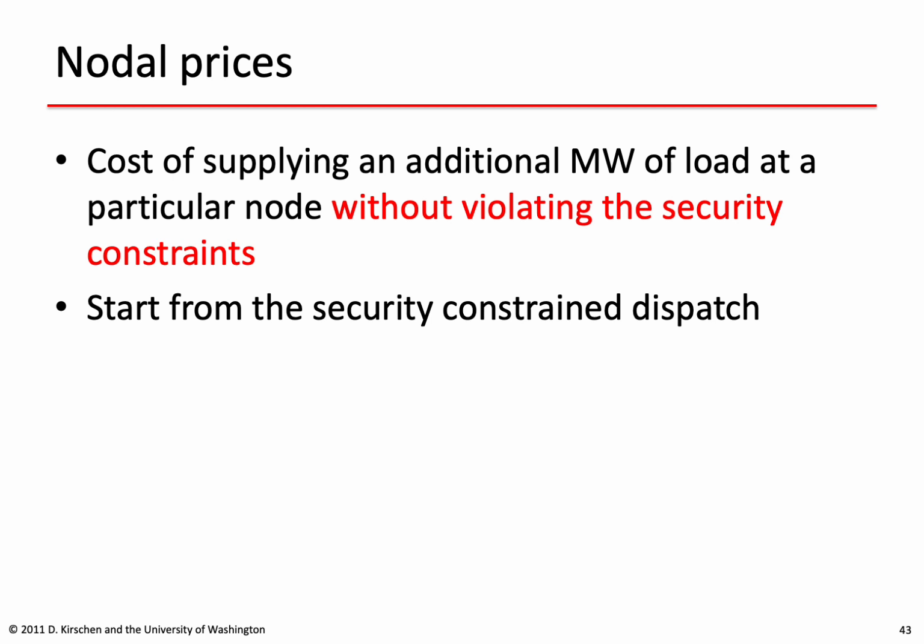And we will do this by going back to the definition of the nodal price, which is the cost of supplying an additional megawatt of load at a particular bus without violating the security constraints. And to do that, we'll start from the security constraint dispatch, which is the dispatch that the market will implement.